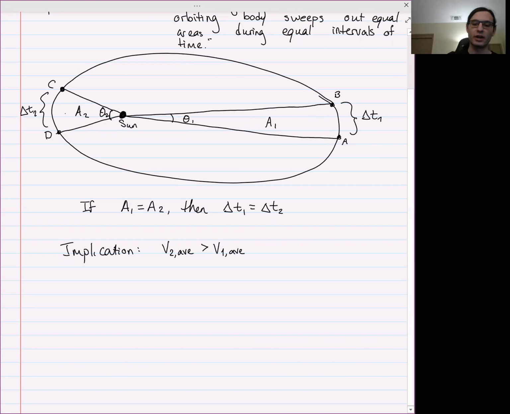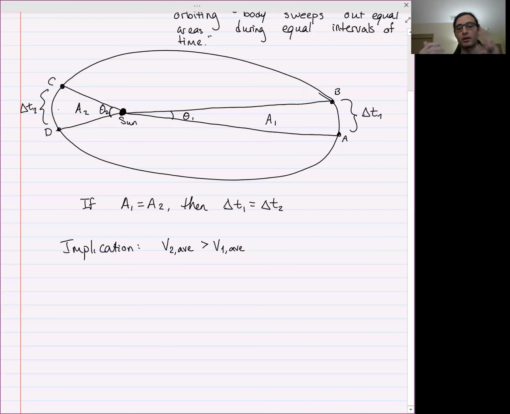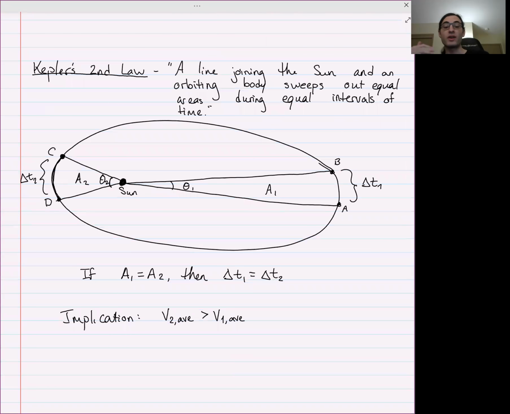And further, this triangle is shorter, so it has to be wider in order for the area to be the same. And if it's wider, it means that it's traveling a larger distance over the same amount of time.